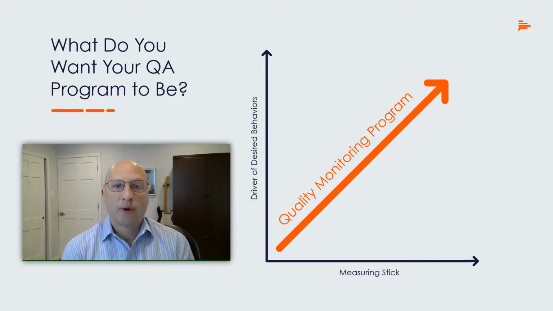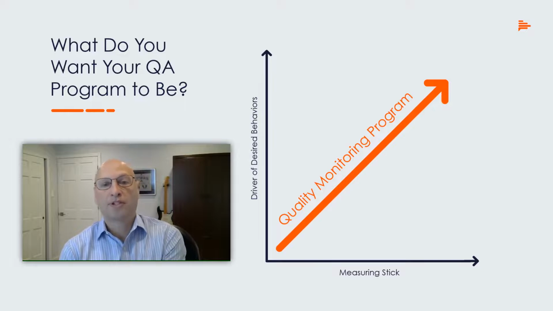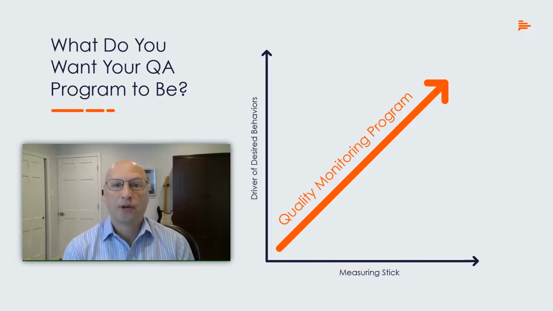But equally as important is a driver of desired behaviors within our agent population. Because if we're able to drive the desired behaviors, now we're able to actually have a positive impact on those metrics that matter and move the needle relative to how we're doing from a quality perspective, which should then be reflected in the measuring stick piece.